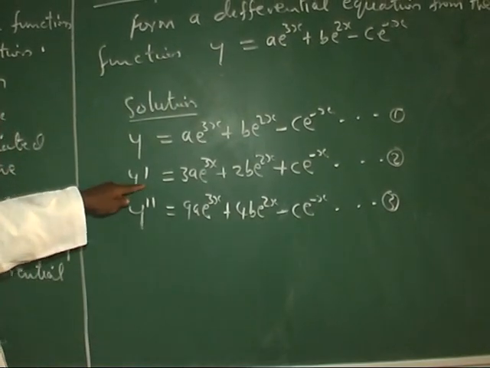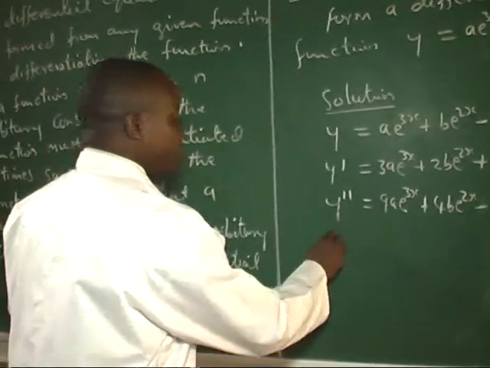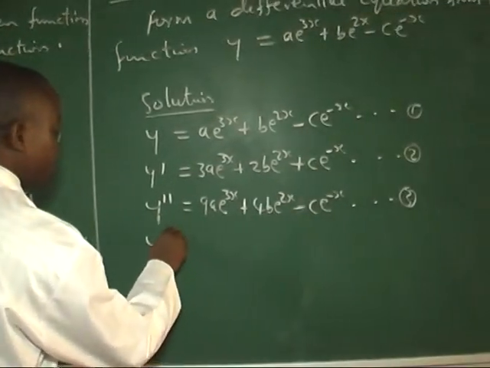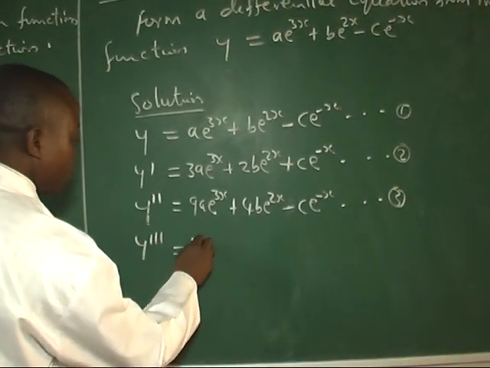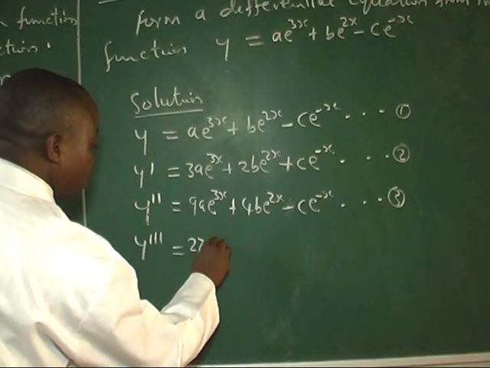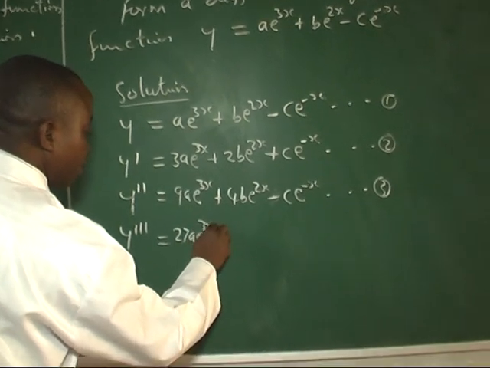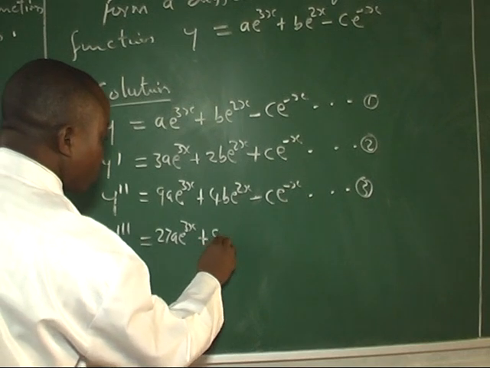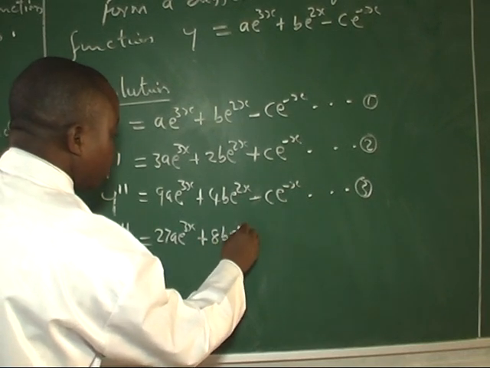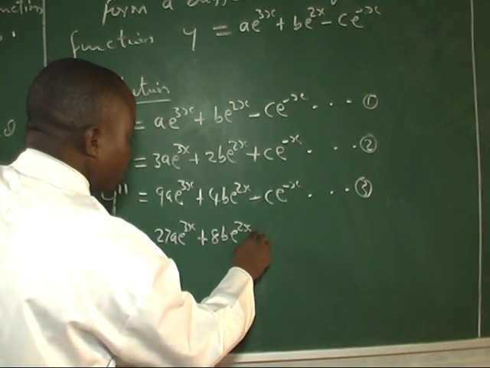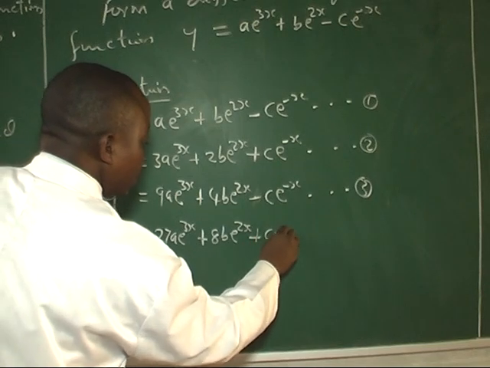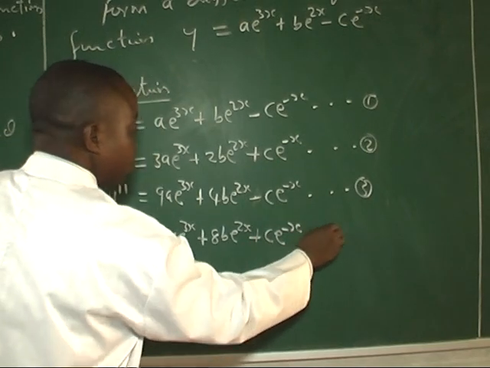So we have differentiated first and second. We are going to differentiate it again. Y triple prime, that is the third time, will be 27a e^(3x) + 8b e^(2x) + c e^(-x).